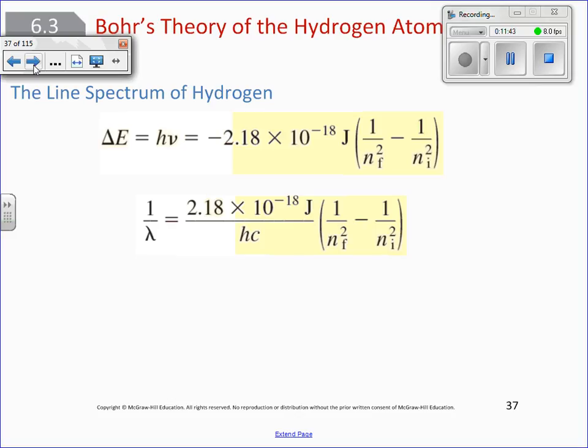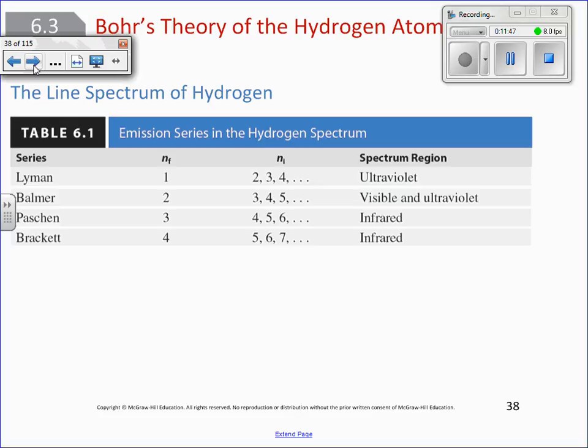So somebody actually did this for a lot of the different combinations, and they came up with different series. The Lyman series for hydrogen atoms is when the final state is the ground level, 1. So if you go from 2 to 1, 3 to 1, and 4 to 1, you get different energies at different wavelengths. They are all in the ultraviolet, so you can't see them.